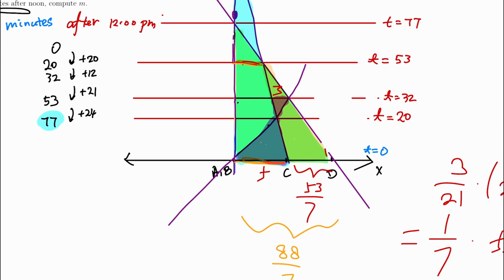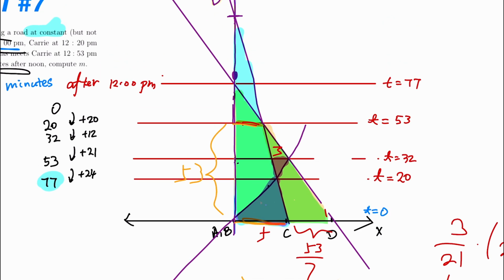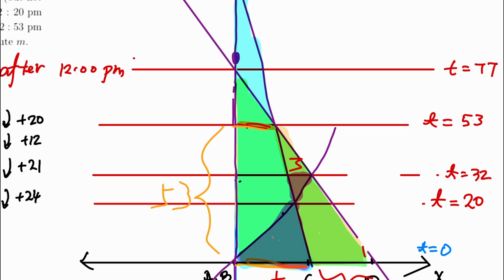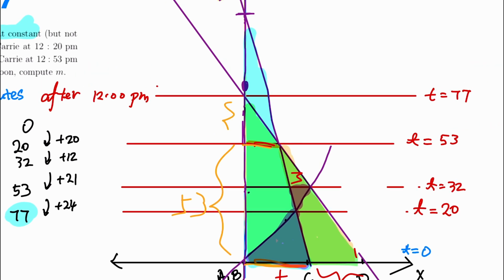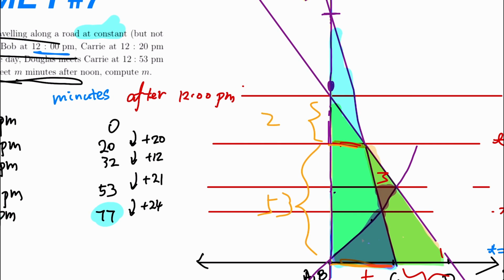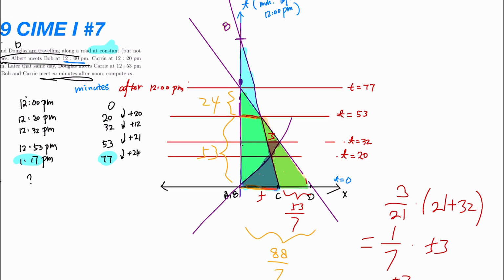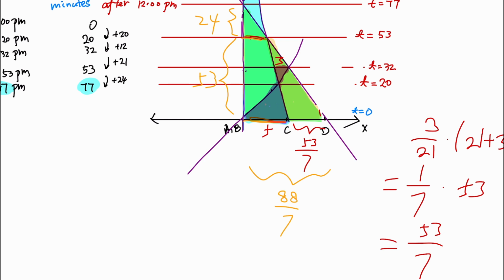Now we see that this length is going to be equal to 53, and we know that this is 24. We're solving for this length. That is 88 over 7, divided by the whole thing, so divided by 77.